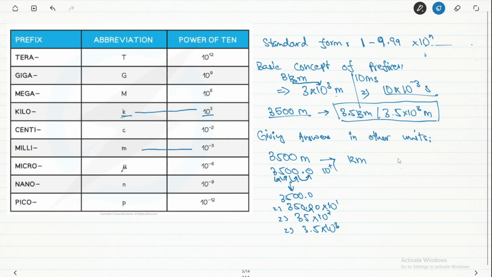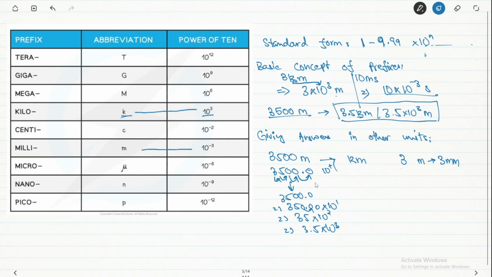So let's just say 3 meters, and now we have to convert 3 meters into millimeters, right?